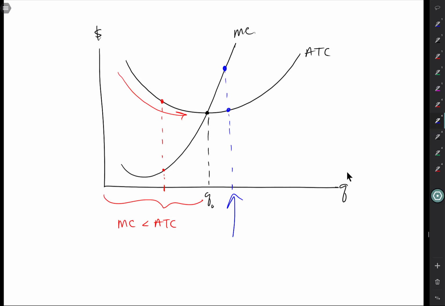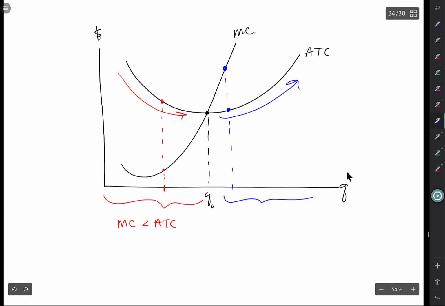What are you doing to your average? Your average cost goes up. Why? Because at the margin, it's costing you more than it's been costing you on average. So of course you're going to pull your average cost curve up.